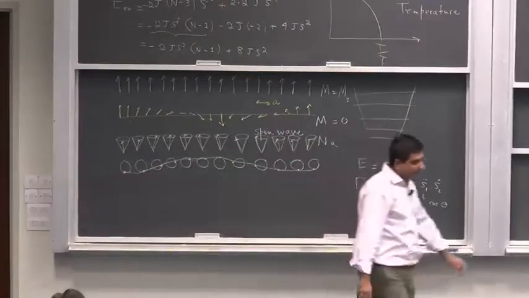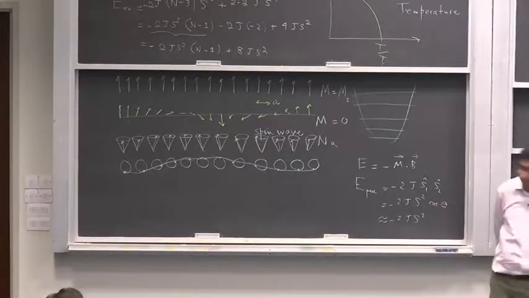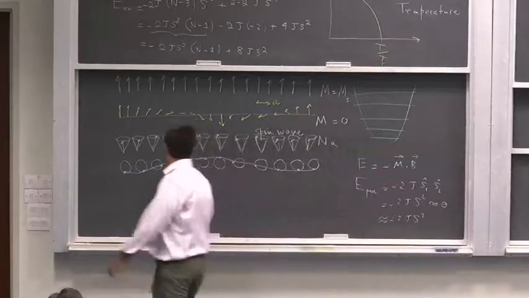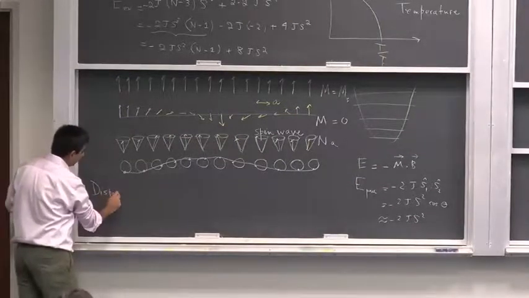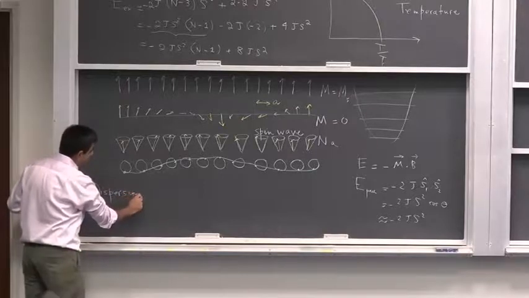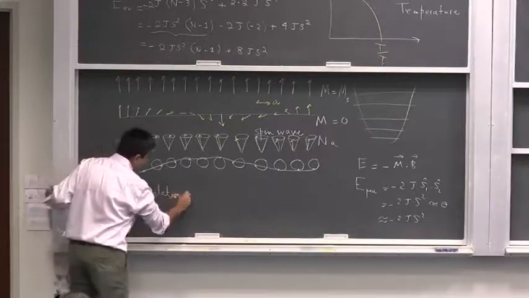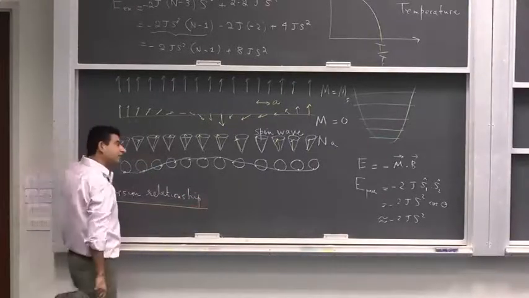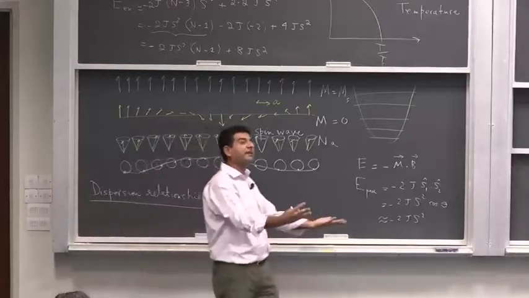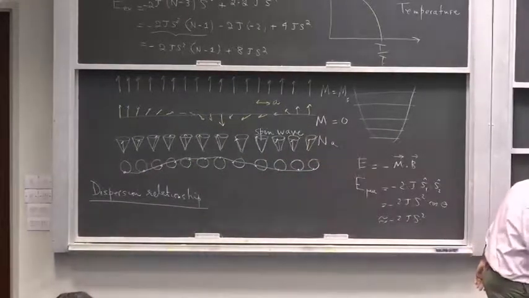Now what we would like to do is find out the dispersion relationship for the spin wave. And we'll do a classical derivation. If we have time, we'll do a quantum mechanical derivation as well. Let's find out the dispersion relationship for these excitations.